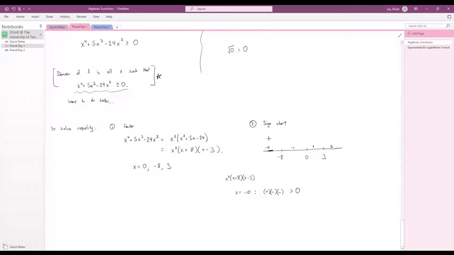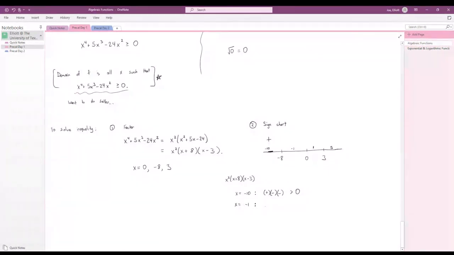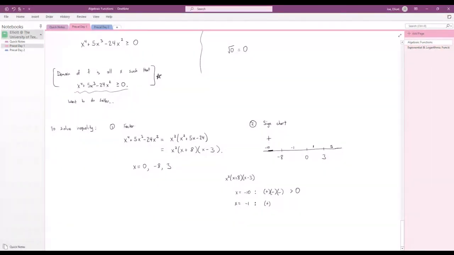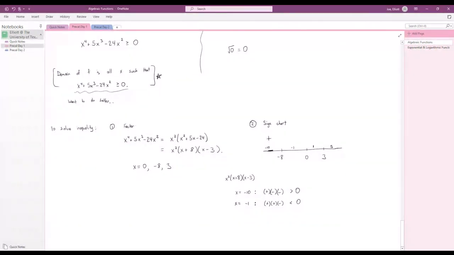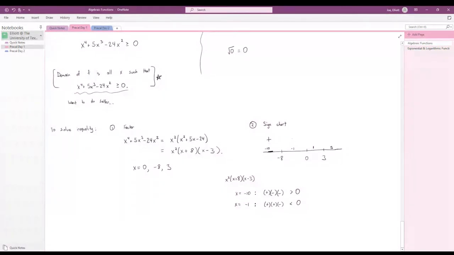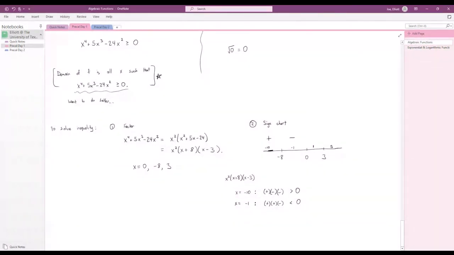If we plug in the other test points, let's plug in -1 next. If we plug -1 in for x, this will be positive, this will be positive, but this would be negative. So altogether, that results in a negative number. So the polynomial appears to be negative in that interval from -8 to 0.